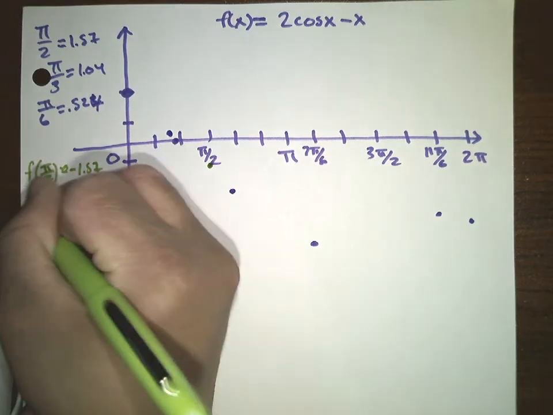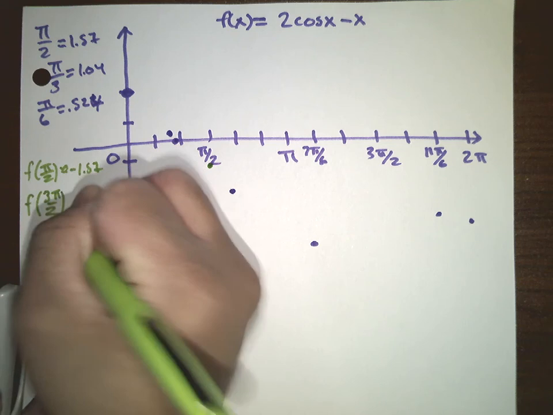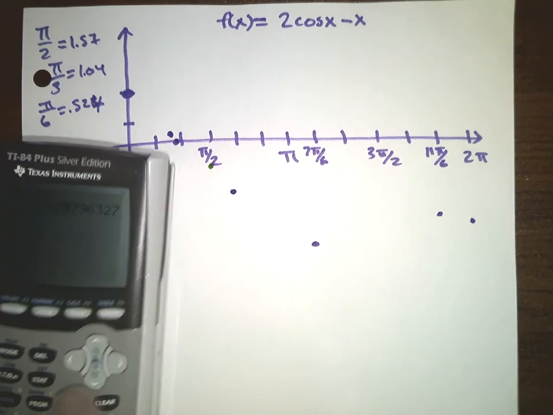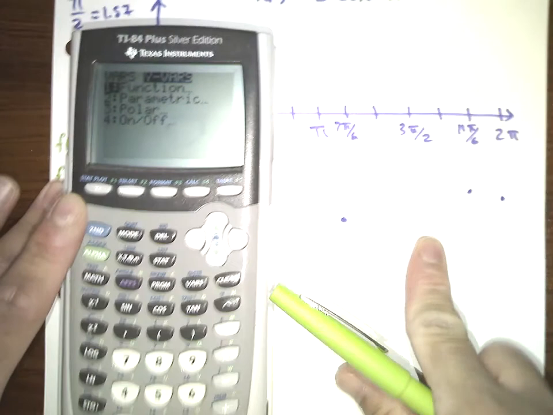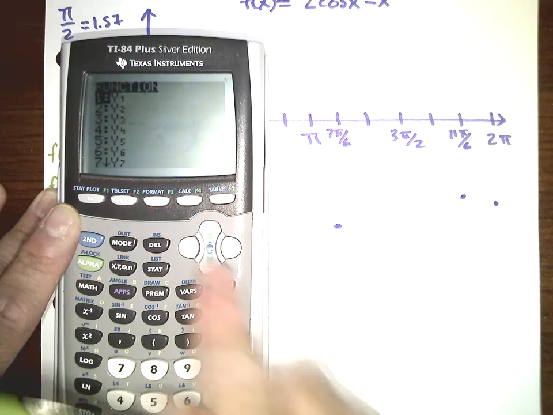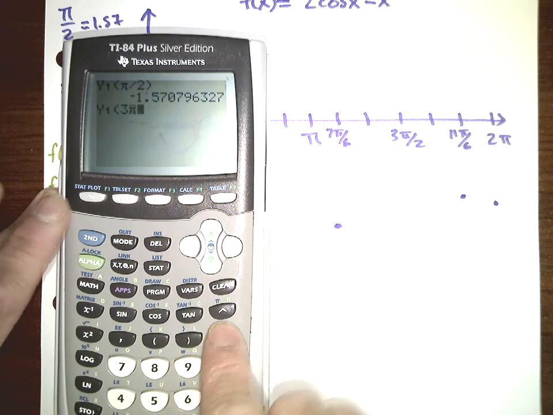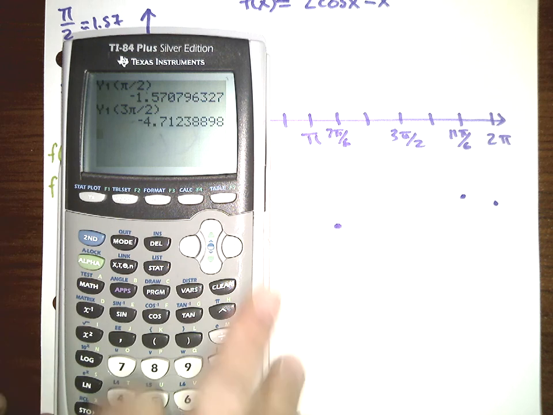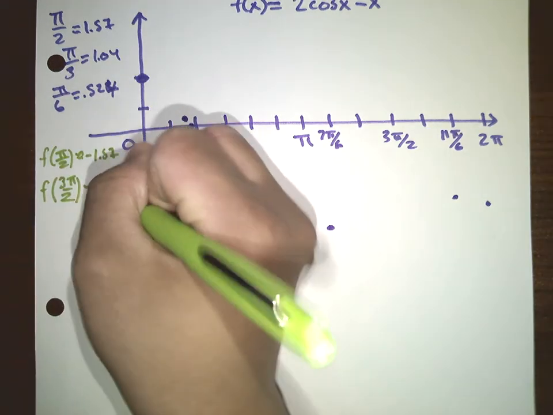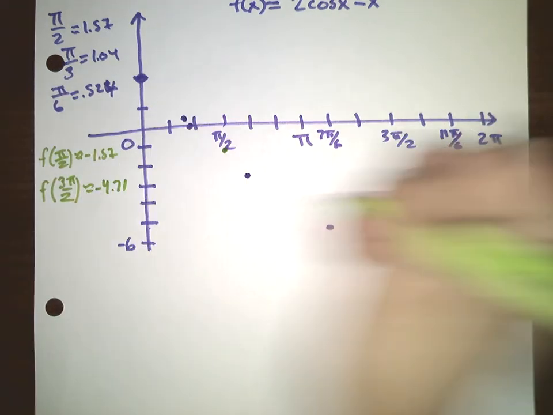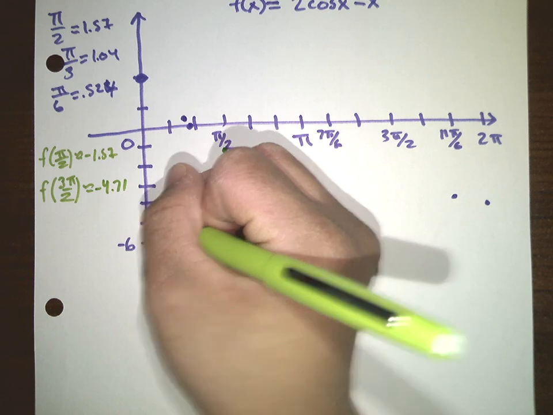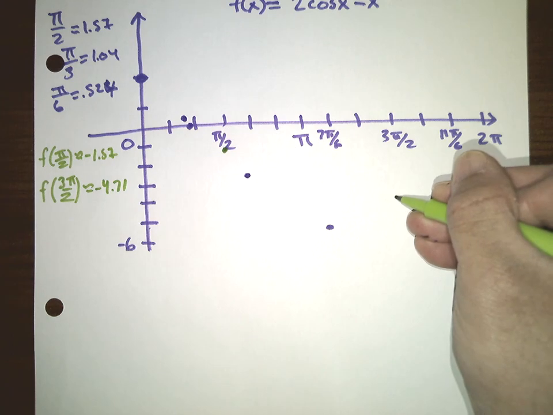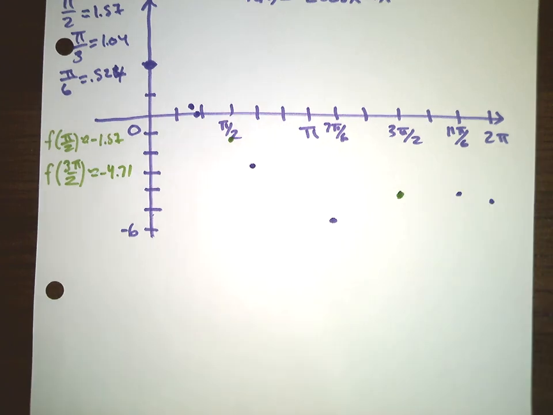And then f of the other inflection point, 3 pi over 2. What a mess, right? So that's negative 4.71. So negative 4.71. So here it is. And now you can go ahead and graph this function.